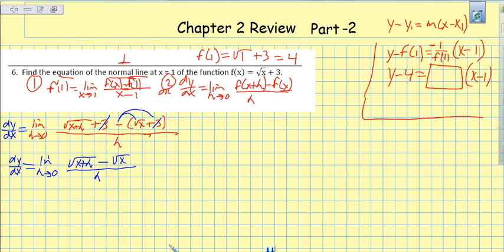Hopefully you recognize that this can be rationalized by multiplying by square root of x plus h plus the square root of x over itself. And we're not going to bother to distribute that h on the bottom. We've done this a number of times now, so hopefully this should be a piece of cake. When you multiply those two together, you get x plus h.